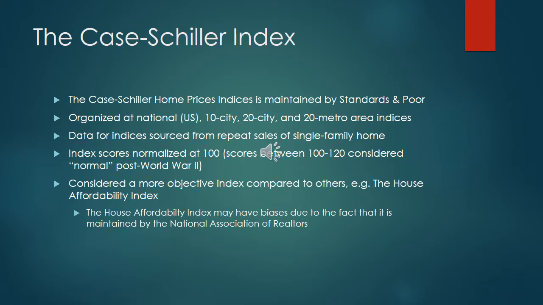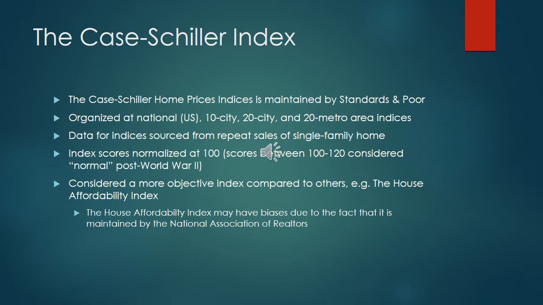The index scores are normalized at 100, and scores between 100 and 120 are considered normal post-World War II. Any number higher than 120, for example 160, indicates a rising home price level.